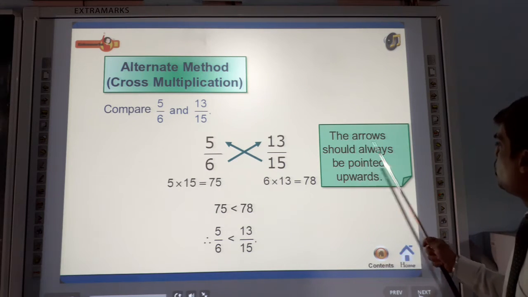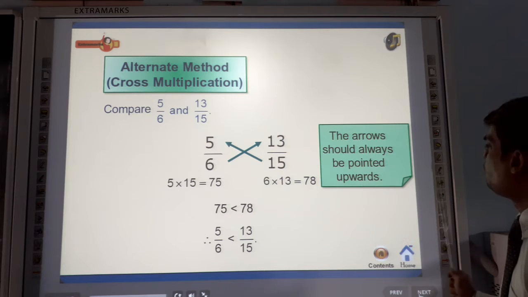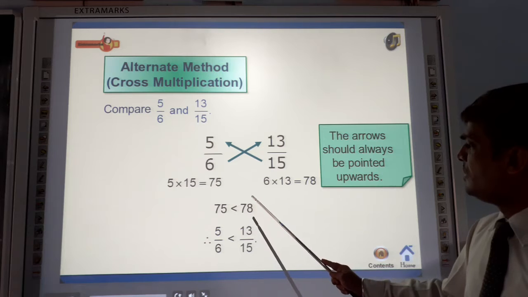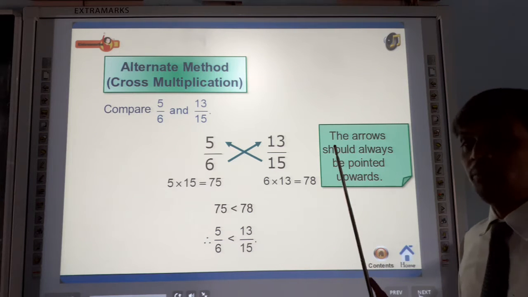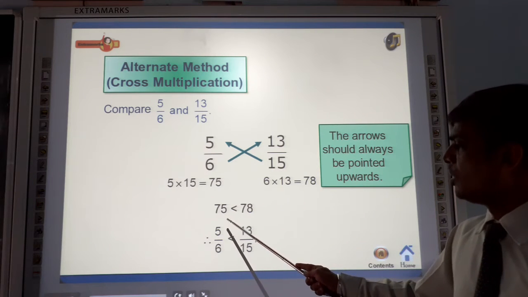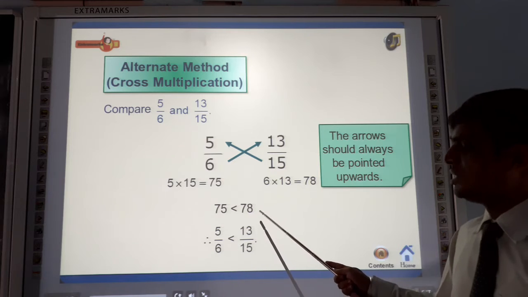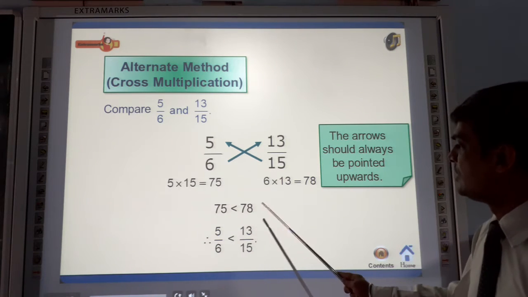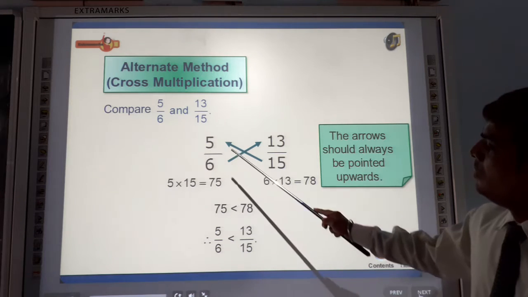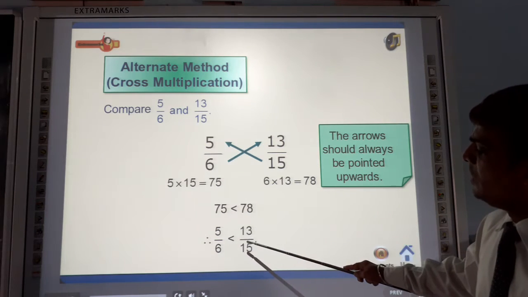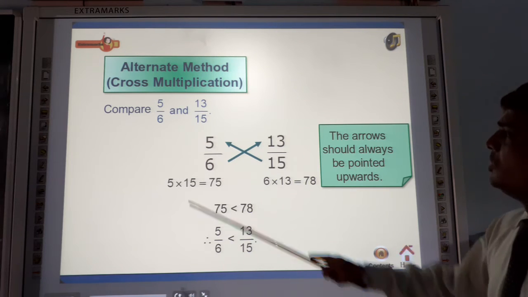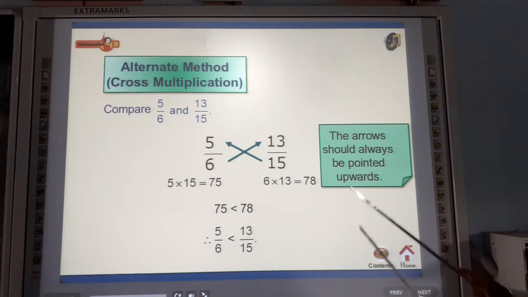The arrow should always be pointed upwards. 75 is less than 78 because 75 is the smaller number and 78 is the greater number. So 5 upon 6 is less than 13 upon 15. Okay student, this is the alternate method.